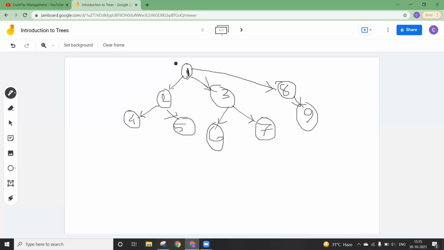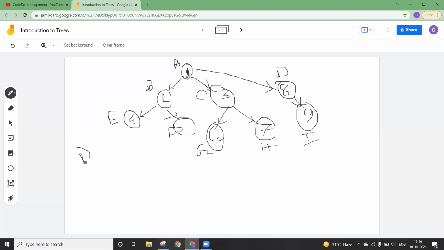This is A, this is B, this is C, this is D, here it is E, F, G, H, and I. So now you can very easily say that C is the child of node A. D is the child of node A, and E and F are children of node B. Clear? Now I will discuss the terminologies which are used to describe a tree.